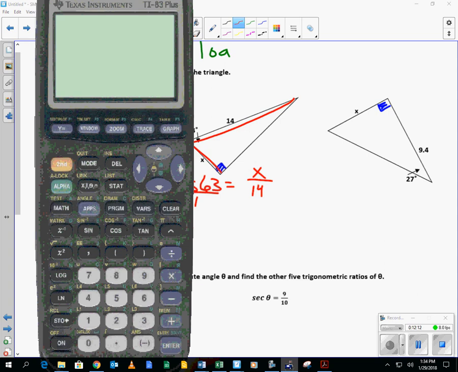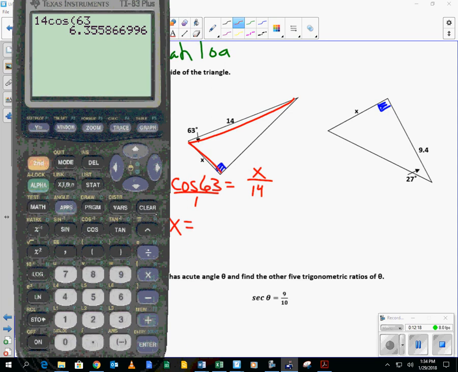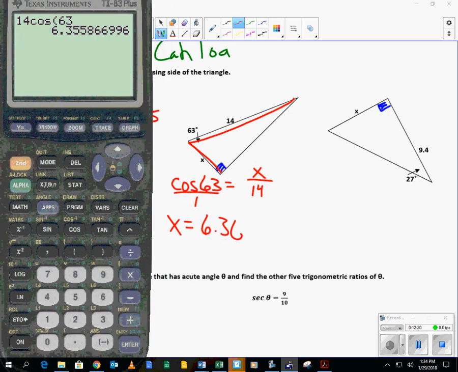Well, good thing I got a handy-dandy calculator. 14 cosine of 63. Boom. 6.36. Does that make sense in context of the problem? Why? It's less than the hypotenuse. It should be less than the hypotenuse, right? The hypotenuse should be the largest side of a 90-degree triangle.